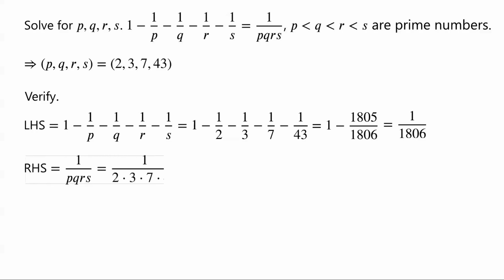The right-hand side of the original equation is equal to 1 over 2 times 3 times 7 times 43, which is equal to 1 over 1806. Therefore, pqrs equal 2, 3, 7, 43 is the only solution of the original equation.